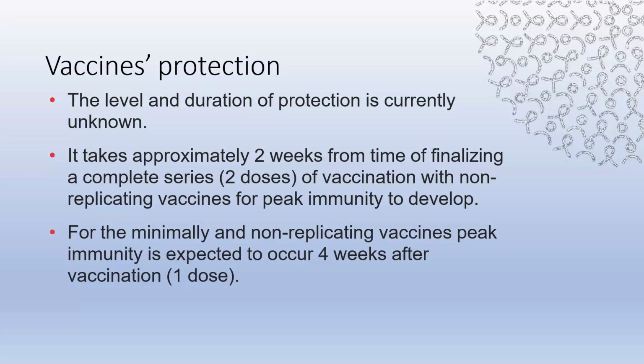For the minimally replicating vaccine, where you only get 1 dose, it's expected to occur around 4 weeks after vaccination. For the non-replicating one, where you are given 2 doses, it is 2 weeks, and the other one around 4 weeks.